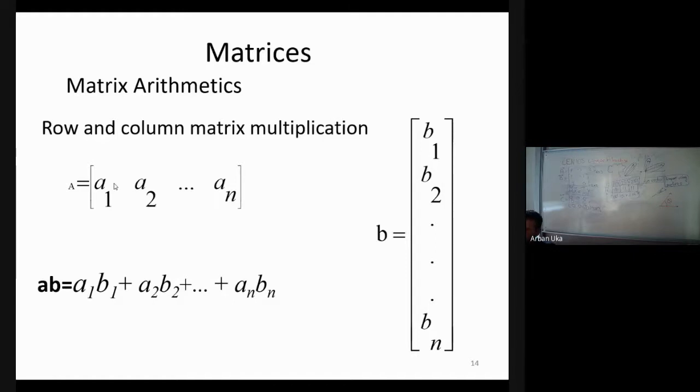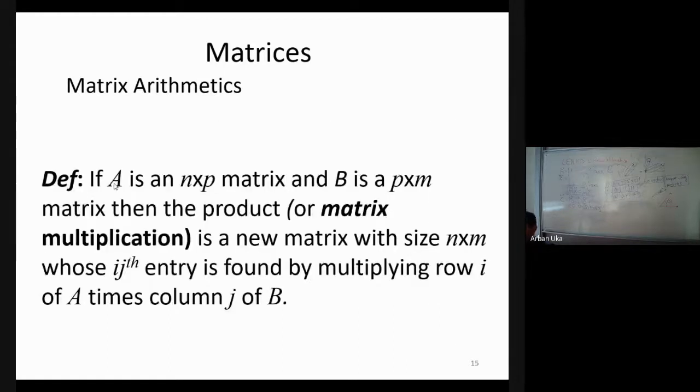For example, the vector A, which is shown here, which is a row, the dimension is 1 by n. Okay, 1 by n, it means one row, n columns. The dimension of vector B is n by 1. Okay, so it has n rows and a single column. So the number of columns of A is n, the number of rows of B is n, so the multiplication is defined.